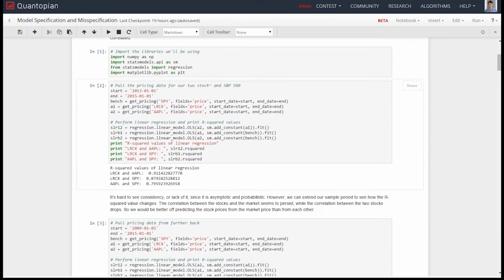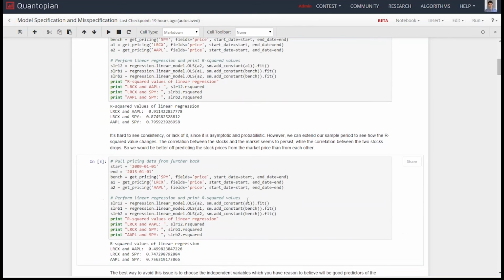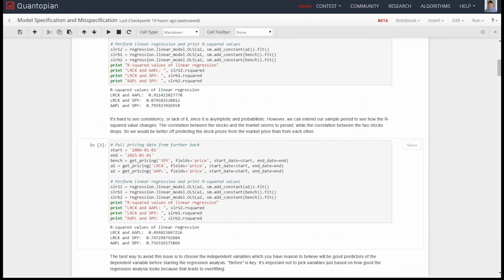And what you can see is if you move the time period to a much broader period of 2009 to 2015 and do the same correlations, look at this, the relationship between LRCX and Apple completely falls off. This relationship is not consistent. It was 0.91, now it's 0.5. There's a huge fall off, but the relationship between the market and LRCX and the market and Apple stays much more constant.